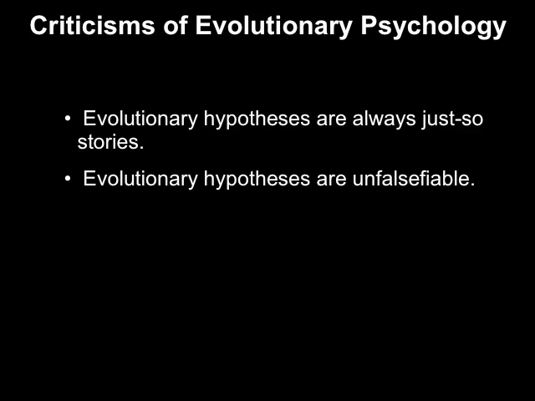Does God exist? Are there ghosts? Because those questions, by their very nature, you can't falsify. We can't actually find any evidence that proves that they don't exist, and therefore they're not scientific questions. And so some people have said evolutionary psychology is the same.